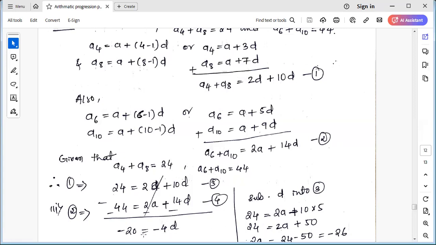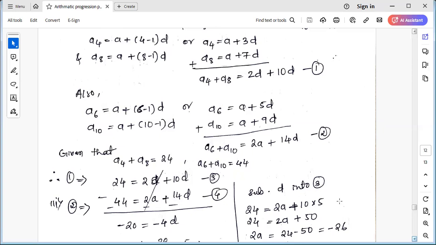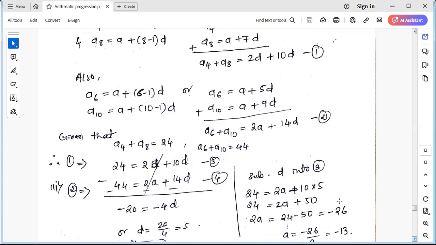That means minus 20 is equal to minus 4D, or D is equal to, minus gets cancelled, so it is 20 by 4. 20 by 4 is equal to 5, because 4 fives are 20.